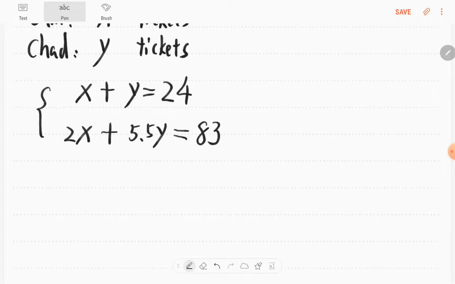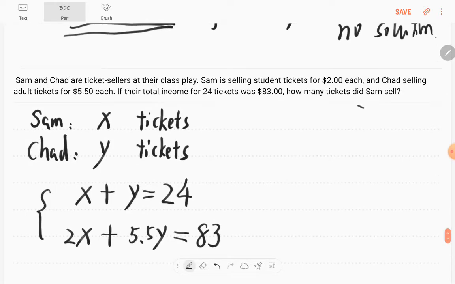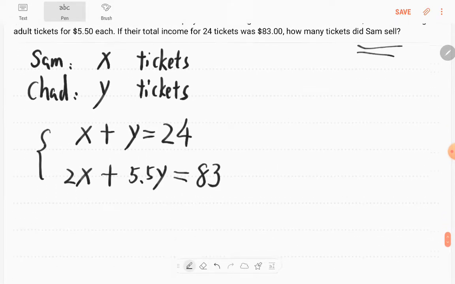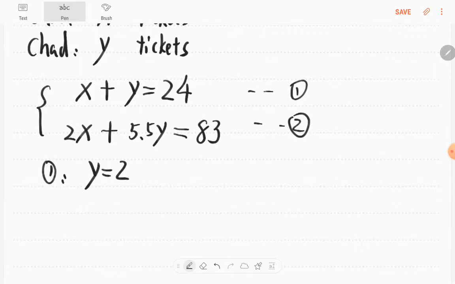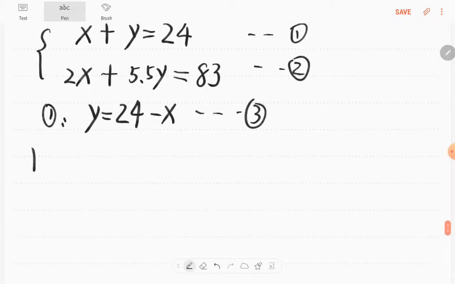Because our question is to find the tickets Sam sold, that means we want to find the x value. So we can write y in terms of x. This is equation 1 and this is equation 2. Equation 1 gives you y equals 24 minus x. This is equation 3.